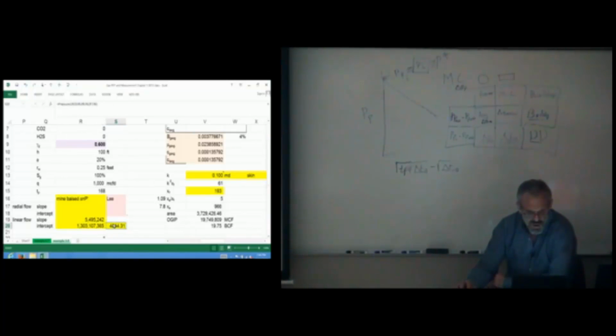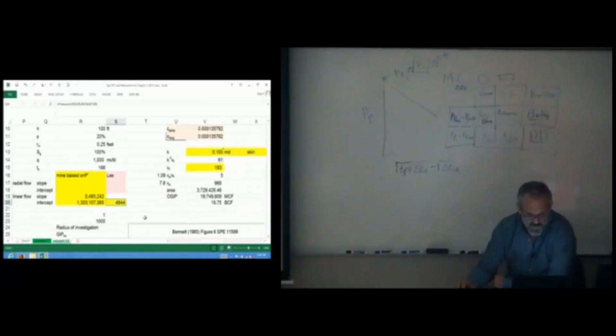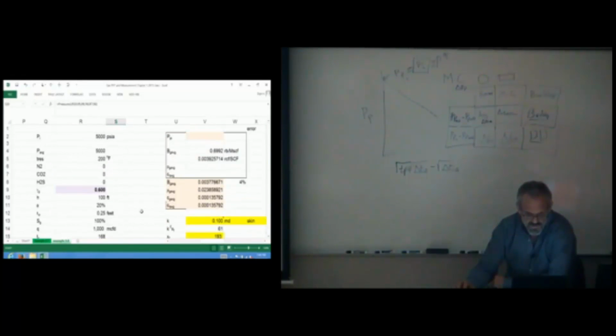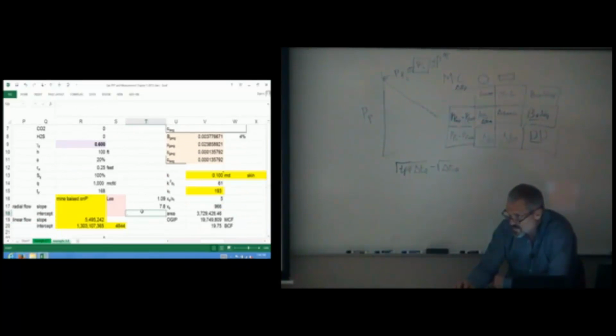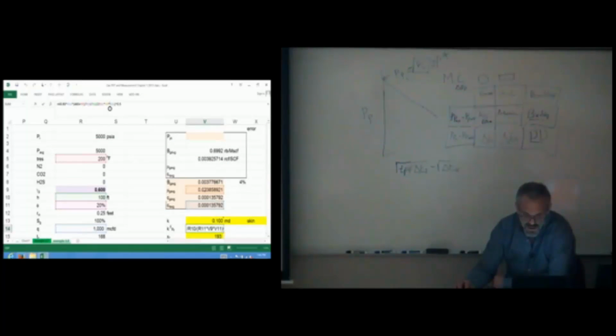And then pressure 1 is giving me an estimate of initial reservoir pressure, 4844. Well, are you using their values or are you calculating? For everything, no. For calculating square root of KXF, I'm using mine. I'm using my viscosity and my CT.